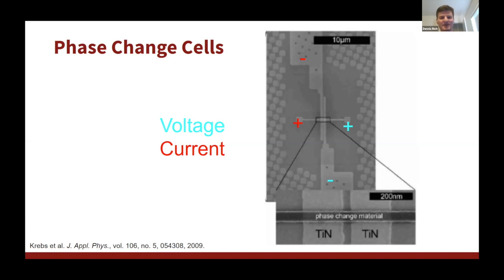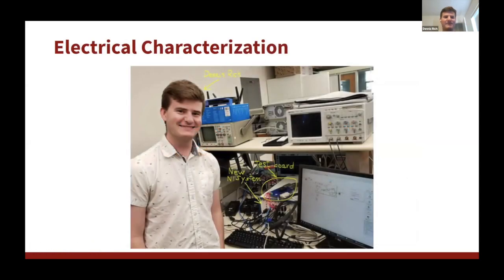So all that being said, this is where I am today. I use that structure I showed on the previous slide, repeated many different times. So I have many different memory cells, and I perform repeated electrical tests on those memory cells to see if I can reliably achieve multiple bits per cell.